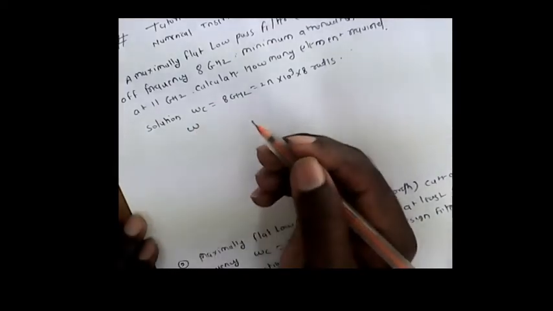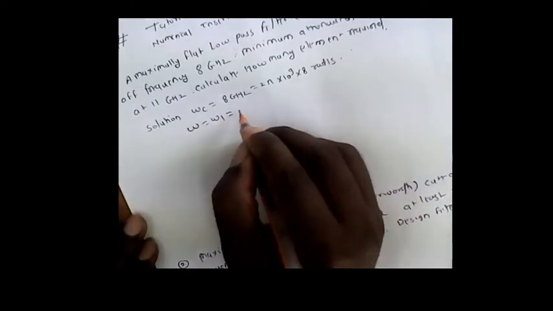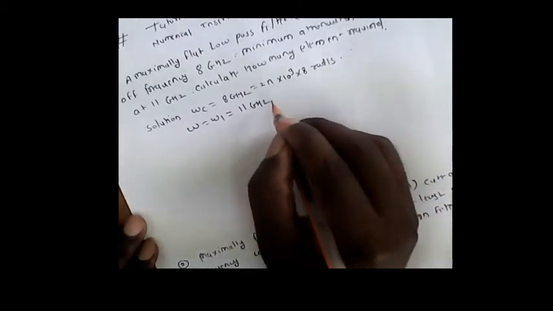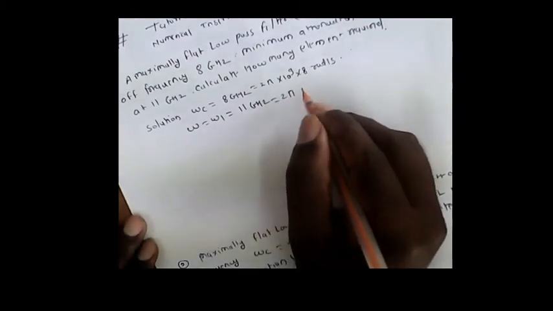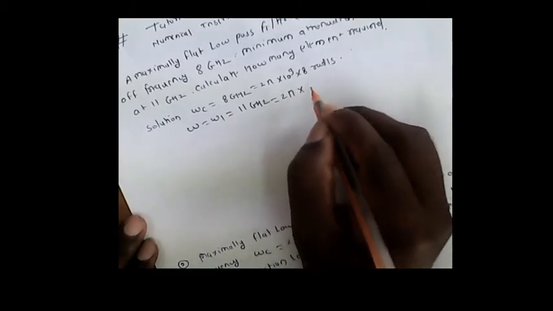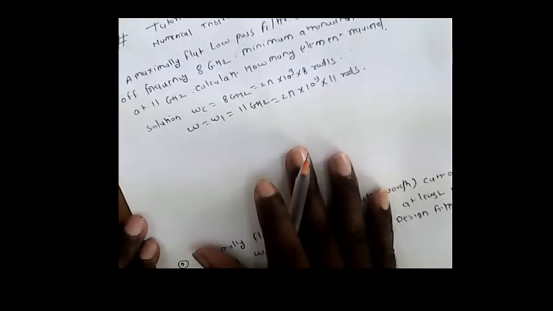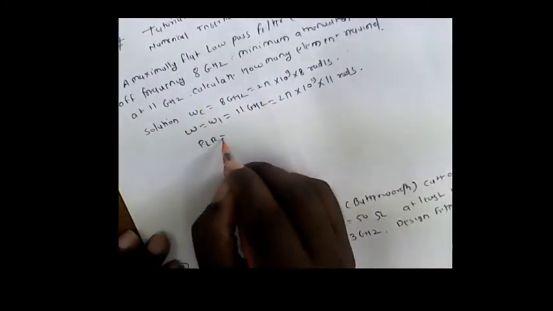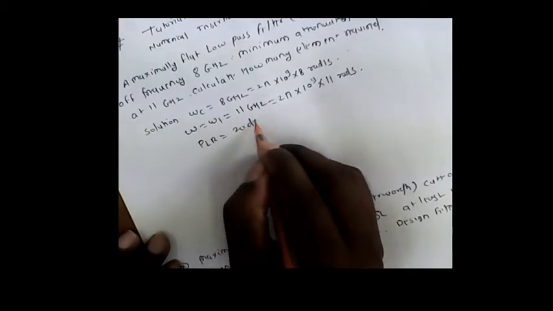Then omega 1 is 11 GHz, which is written as 2 pi into 10 raised to power 9 into 11 radian per second. And the power loss ratio is given as 20 dB per decade.